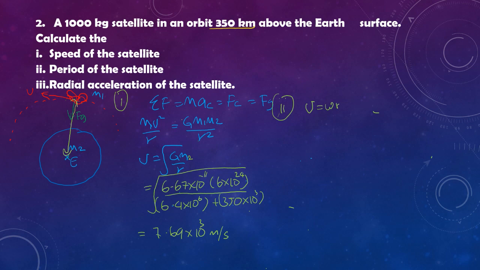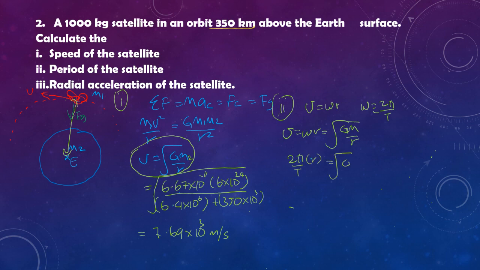The omega, the angular velocity, is equal to 2 pi over T. That's why we will get the period from 2 pi over T. So v is equal to omega r, and also equal to the square root of GM over r. So omega is 2 pi over T, times r, is equal to the square root of GM over r, and then we arrange our equation.